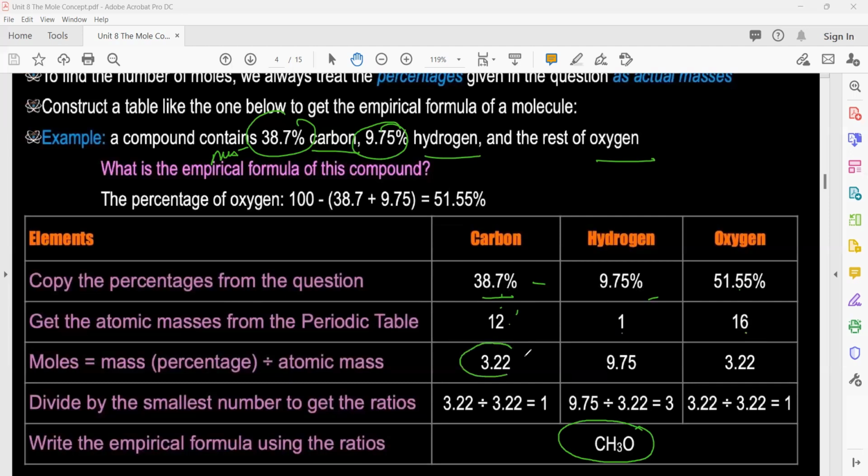So you will get the number of moles. So now see all these three values, which is smaller. So here, unfortunately, by accident two values are the same and they're also smaller. So you'll divide all by the smaller value: 3.22, 3.22, 9.75 divided by 3.22 like this. So you'll get 1, 3, 1, and then this is the empirical formula.